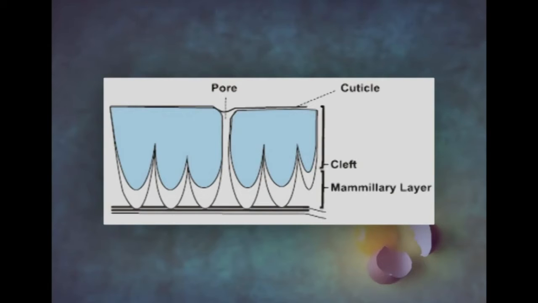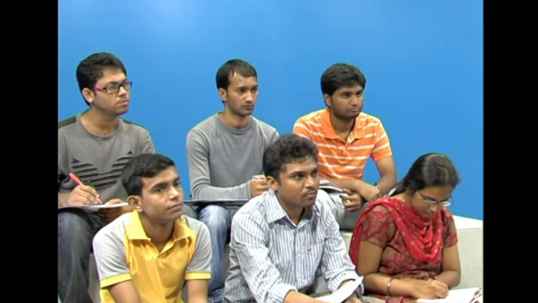Now, the eggshell consists of the outermost cuticle, the spongy or the calcareous layer, the third is the mammillary layer or the matrix, and the fourth is the pores. The shell forms the protective covering of the inner contents of the egg along with the two membranes. It is made up of protein polysaccharide and calcium carbonate.